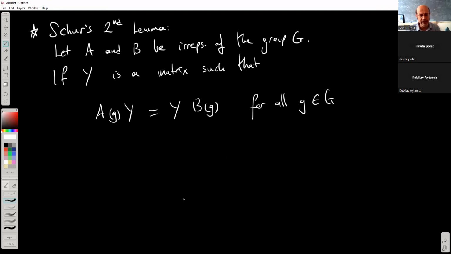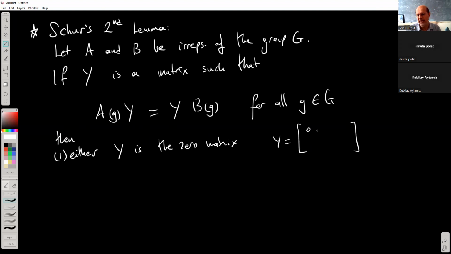First of all, let me write down the result. If Y is a matrix such that this is satisfied, then there are 2 possibilities. Either Y is the 0 matrix, so Y is a matrix where all entries are equal to 0.